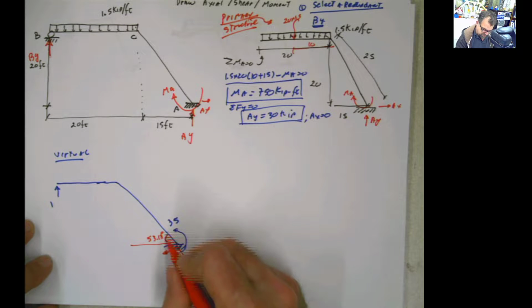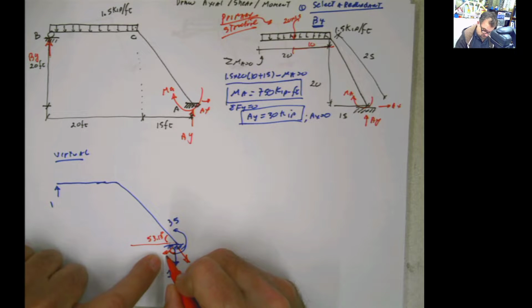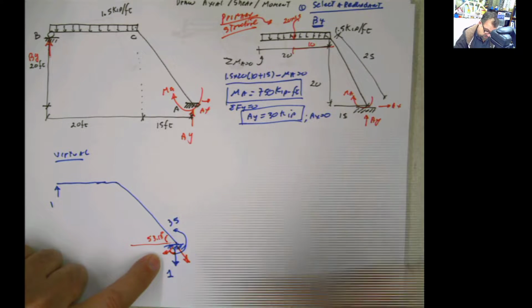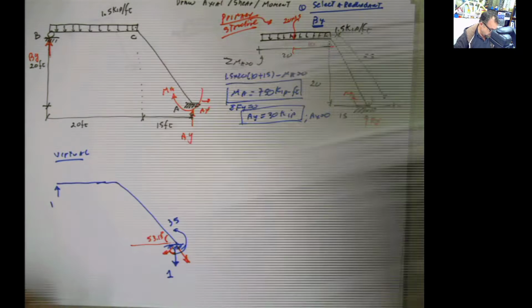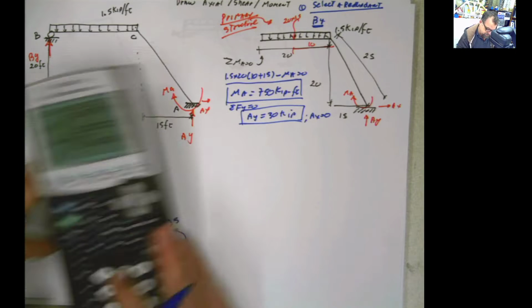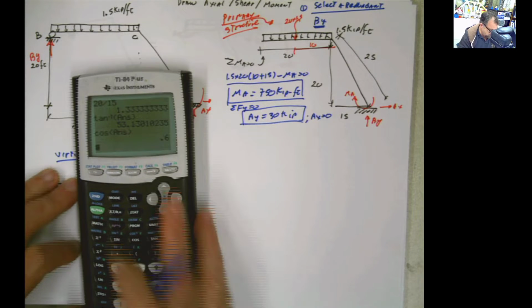So if this is 53.13, this is 36.87, and this one here again is 53.13, meaning this force right there is going to be 1 times cosine of 53.13, and cosine of 53.13 is 0.6.